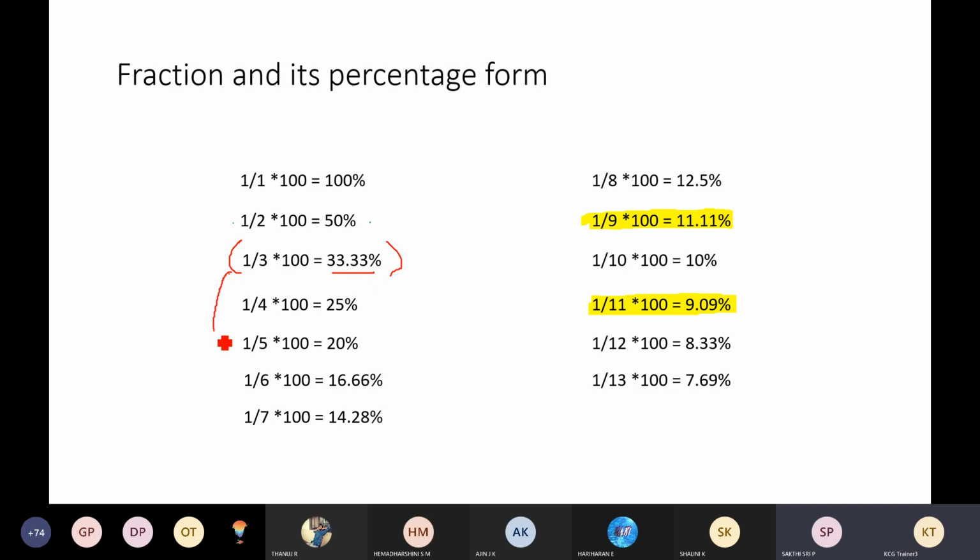What is half of 1 by 3? 1 by 6. What is half of this one? 16.66 percentage. Clear? Done. Same way, what is half of 1 by 6? 1 by 12. What is half of 16.66? 8.33 percentage. Clear, guys? These are the ways you are supposed to remember these values.